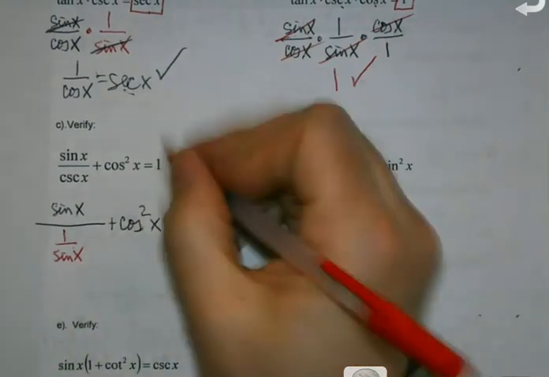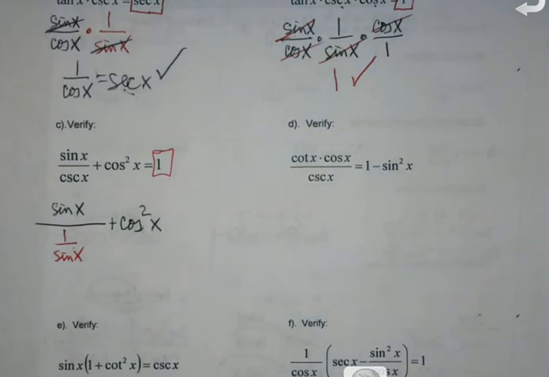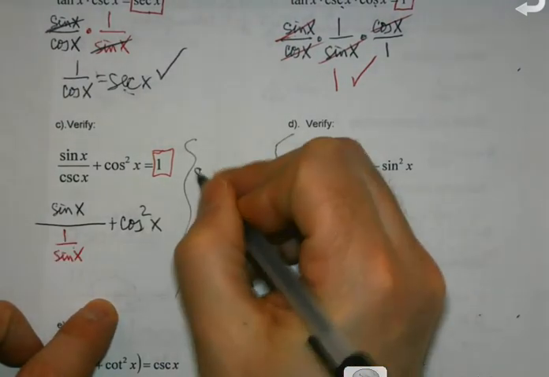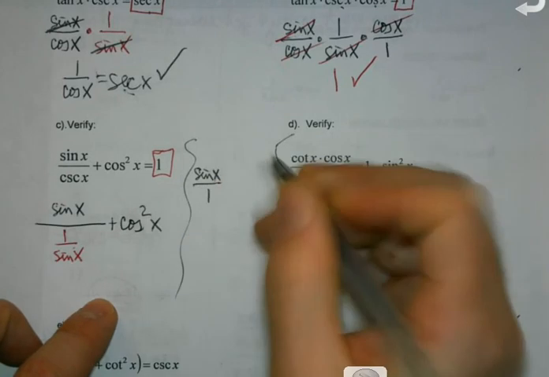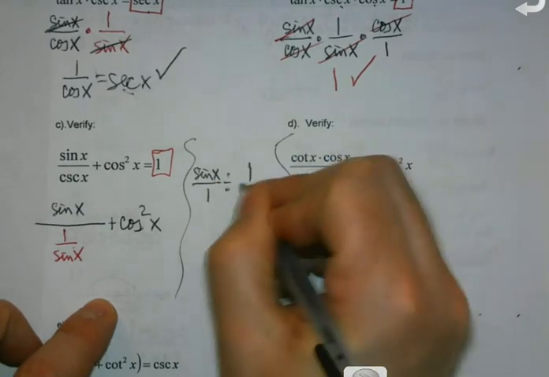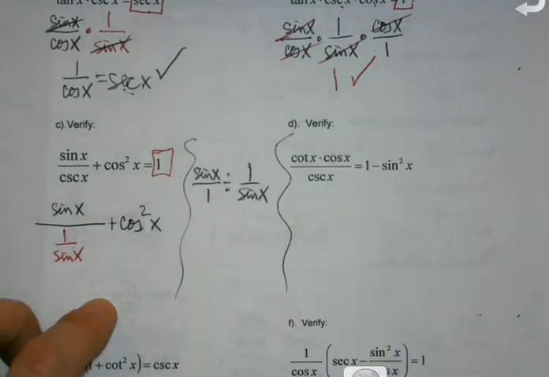And again, I'm not touching that one. Now here's one of those things that we have to think about a little bit. Let's do a little side play here. So I have sine of x, and I'm dividing by 1 over sine of x.